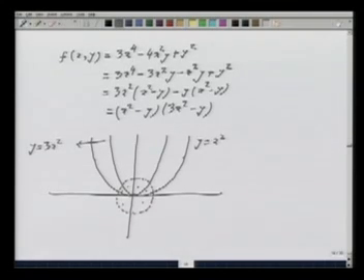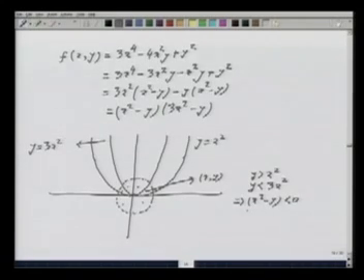Okay. Now suppose I choose a point here. Suppose (x, y) belongs here. Then I know that y is bigger than x squared and y is less than 3x squared. This would imply that x squared minus y is less than 0 and 3x squared minus y is bigger than 0.